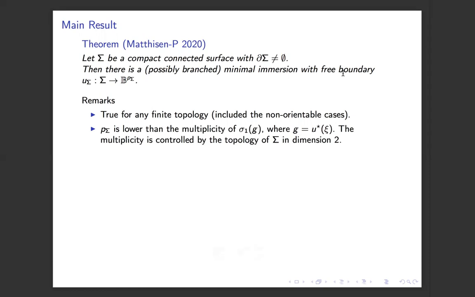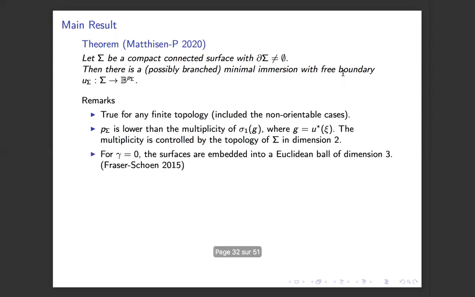We also have that the integer p sigma is lower than the multiplicity of the first Steklov eigenvalue associated to the critical metric, so that p sigma is controlled by the topology, because the multiplicity is controlled by the topology of sigma in dimension 2. For instance, for zero genus surfaces, we can prove that the multiplicity is bounded by 3.